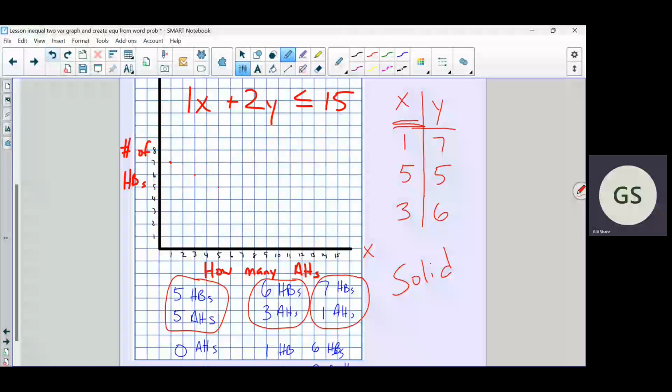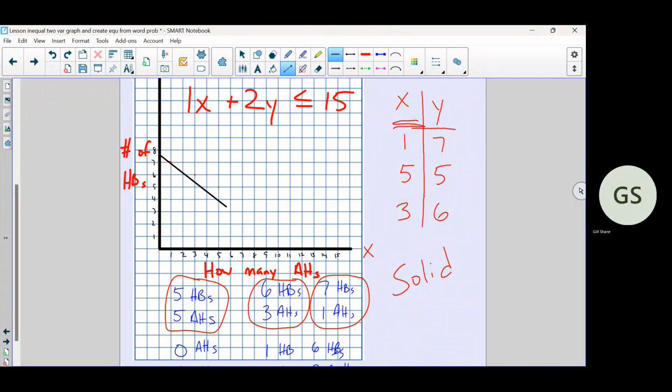So now I can draw a line through those. It'd be from about there, all the way out to about here, I think. Yeah, that's pretty good. And we'll slide that down.